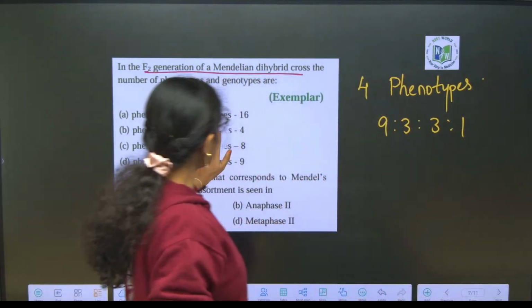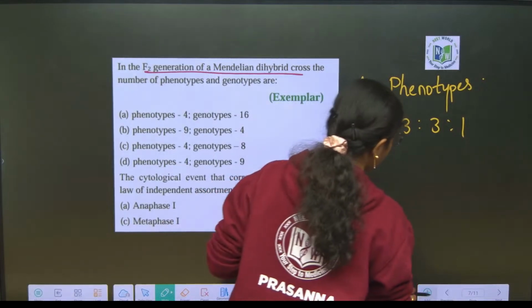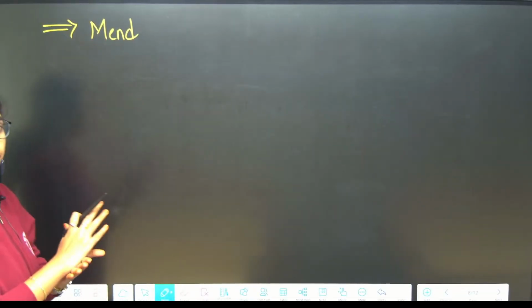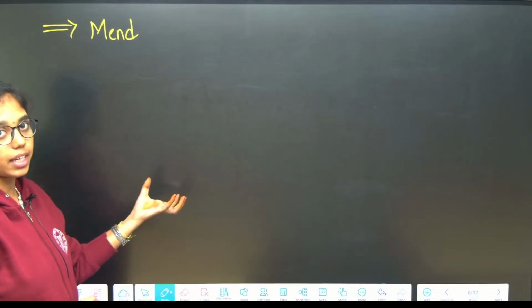For these and upcoming questions you need a clear idea of the genotypic and phenotypic ratio of the Mendelian dihybrid cross. I will tell you a small trick in analyzing the complete phenotypic and genotypic ratios and how you can apply it for calculations.